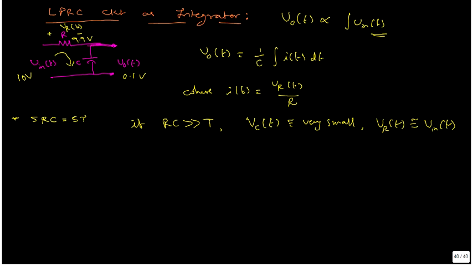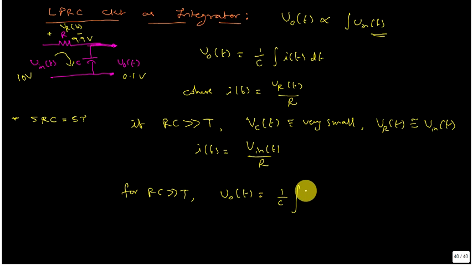Now I of t for this case can be written, instead of VR of t, as V in of t by R. So substitute this I of t in V0 of t. For RC far greater than T, V0 of t can be written as 1 by C integral of V in of t by R, into dt.